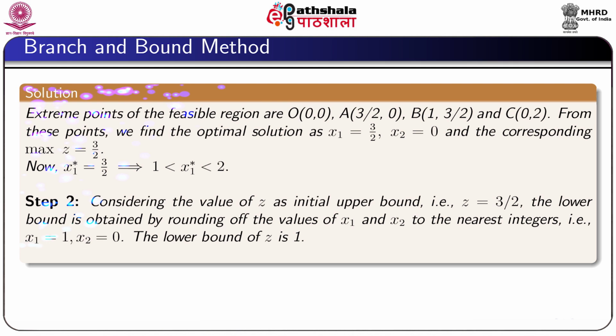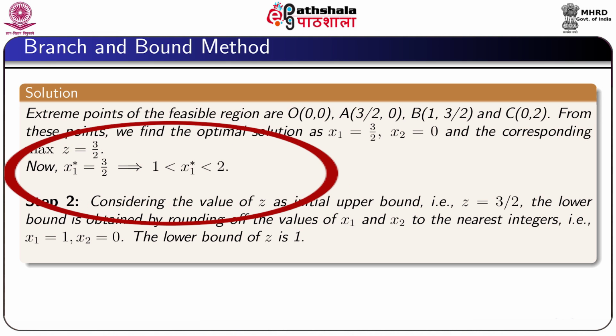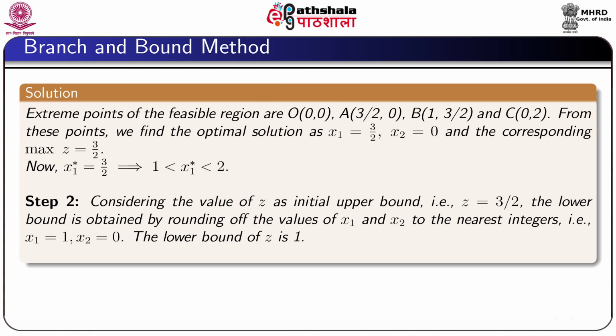From the extreme points of the feasible region, we find the optimal solution as x1 equal to 3/2 and x2 equal to 0. The corresponding maximum value of z equal to 3/2. Since x1 is not an integer, we proceed further. Now, x1 equal to 3/2, which implies that 1 is less than x1 star less than 2.